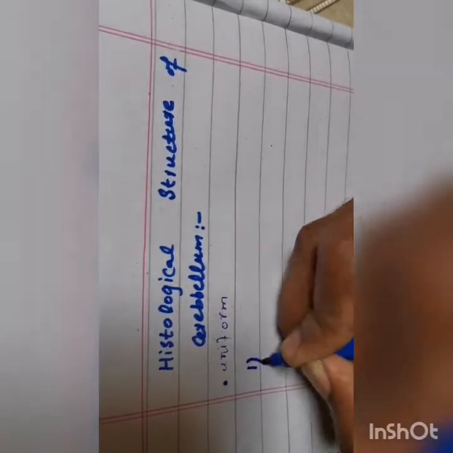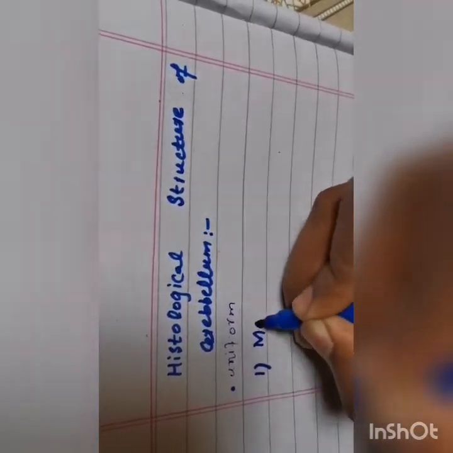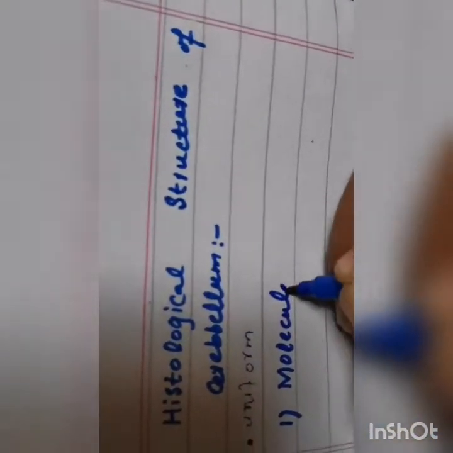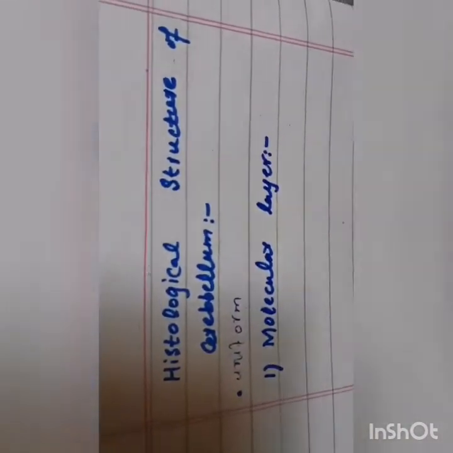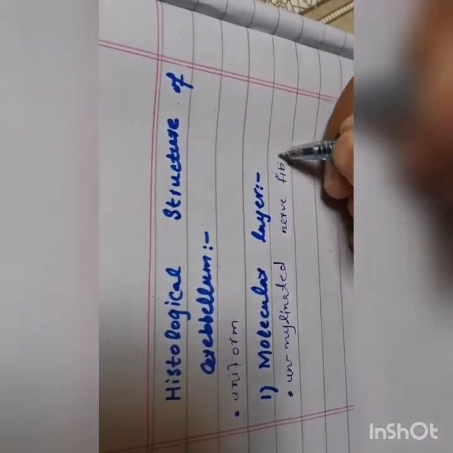Histological layers. First layer we call the molecular layer. Molecular layer consists of unmyelinated nerve fibers, and also contains basket and stellate cells.